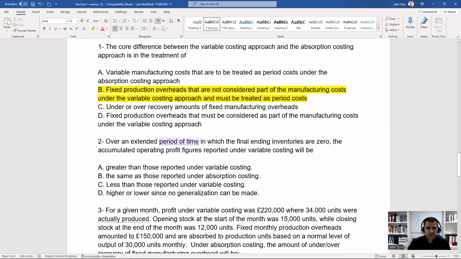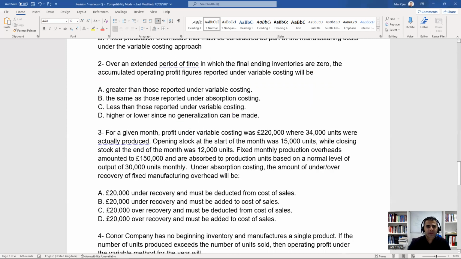Question 2. Over an extended period of time in which the final closing inventory is 0, the accumulated operating profit figures reported under variable costing will of course be the same as absorption costing. Why? Because the difference between the profit under the two methods is due to closing inventory.